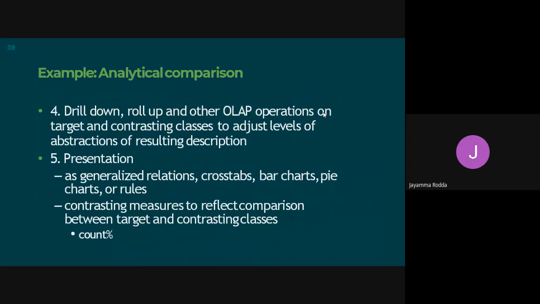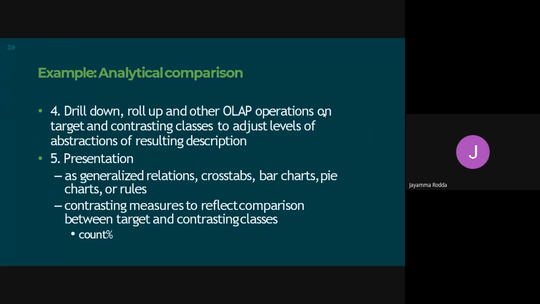Okay, and once the target and the contrasting classes are constructed, the prime generalized relation for the target class and the prime generalized relation for the contrasting class are constructed. Then what do we do? We will do either drilling or other OLAP operations.